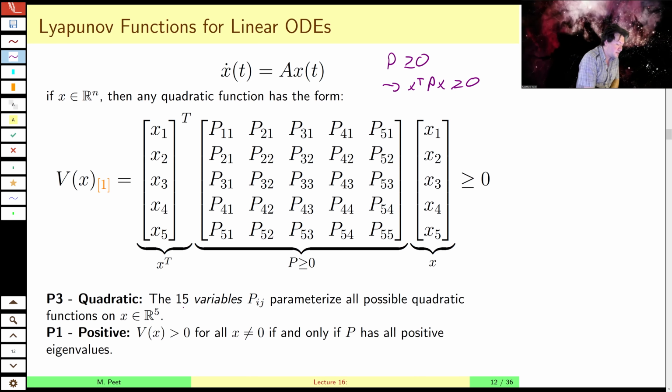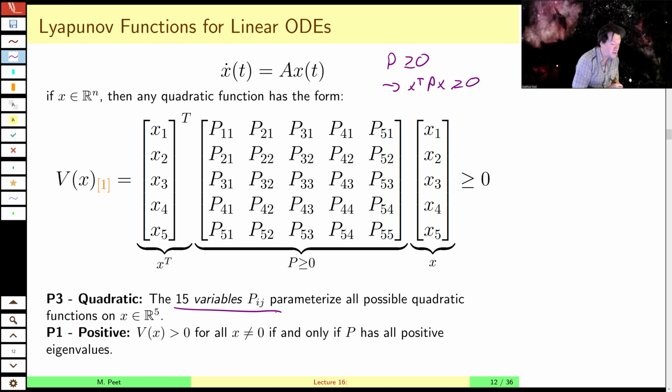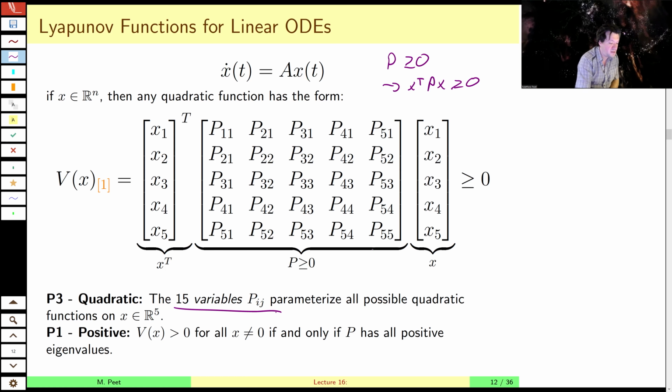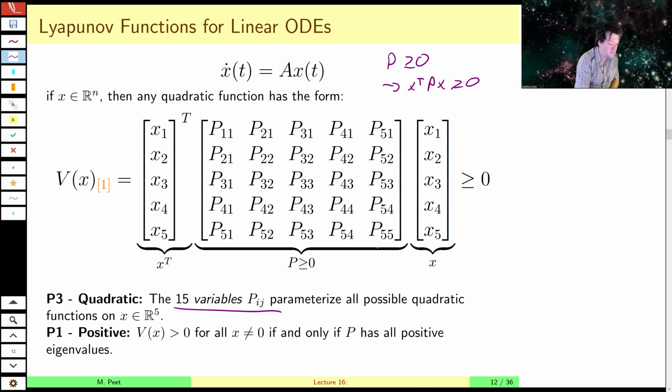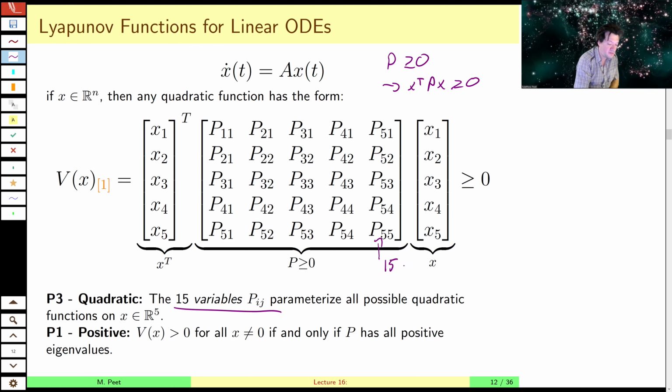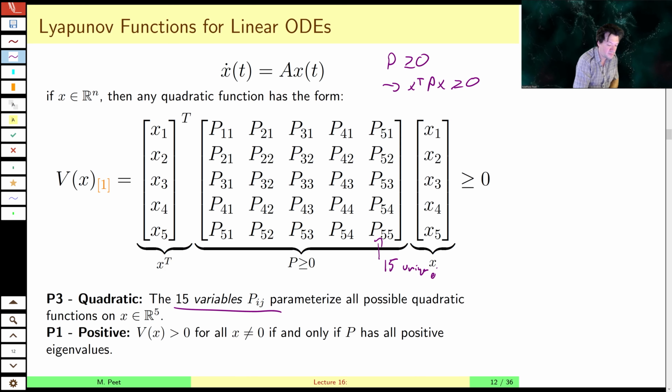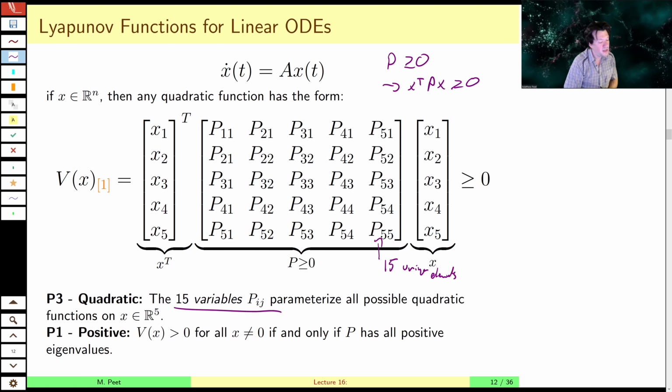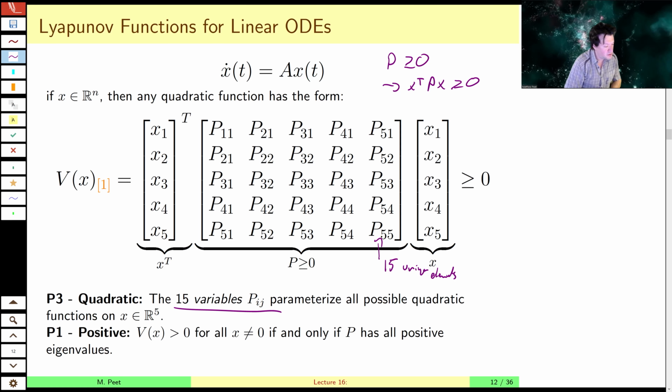In any case, in the linear case, we have these 15 parameters, 15 unique elements of P. And if P is positive, then we know that the quadratic Lyapunov function is positive. And why is that? Well, we could just say the definition of positivity of a matrix, but let's go a little bit deeper than that.